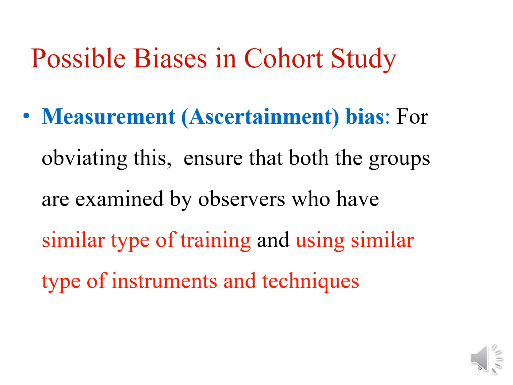We can also avoid it by ensuring use of similar types of instruments or by ensuring similar techniques of measurement of exposure by all observers. So all observers of both groups, exposed group and non-exposed groups, are examined by observers who have similar type of training and using similar type of instruments and techniques.